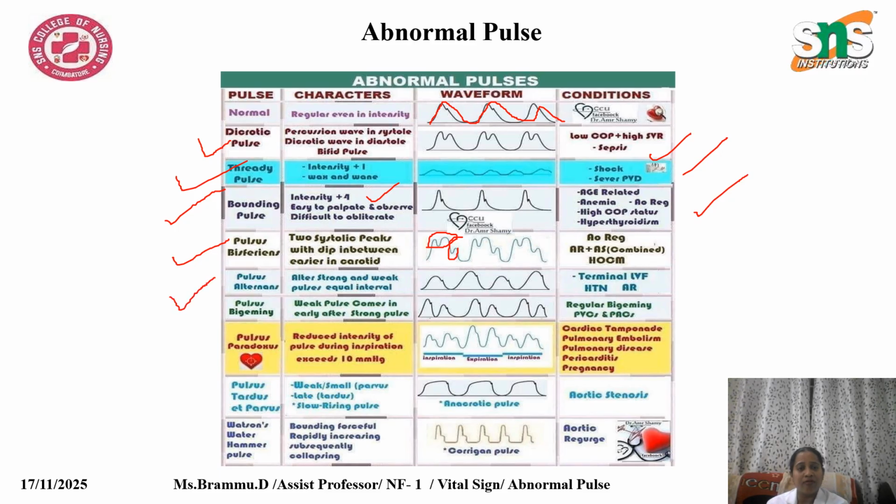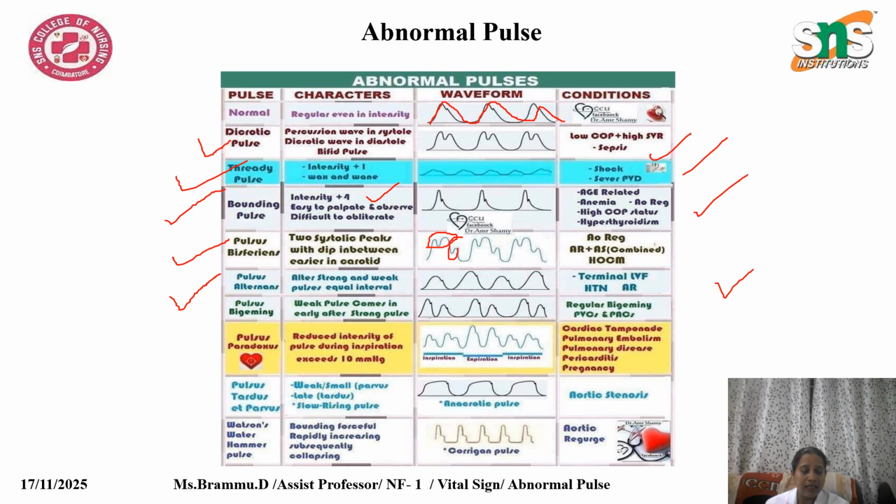The next type of abnormal pulse is pulsus alternans. Here there is an alternate strong and weak pulse at equal intervals, that is the diastole and the systole, and then a weak pulse. Mostly it is seen in cases of left ventricular failure, or patients with hypertension, or any sort of aortic regurgitation or prolapse.